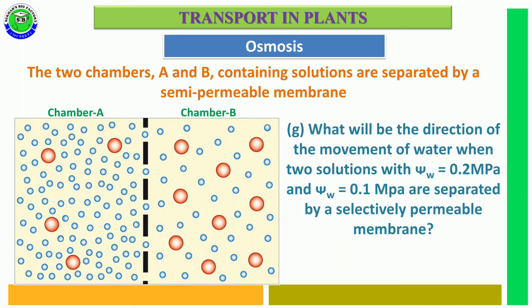So what will be the direction of movement of water when two solutions with water potential 0.2 MPa and 0.1 MPa are separated by a selectively permeable membrane? In this, from chamber B with 0.2 MPa to 0.1 MPa.